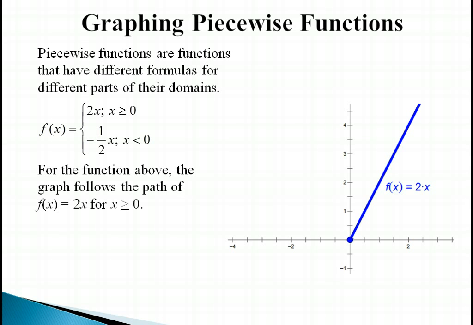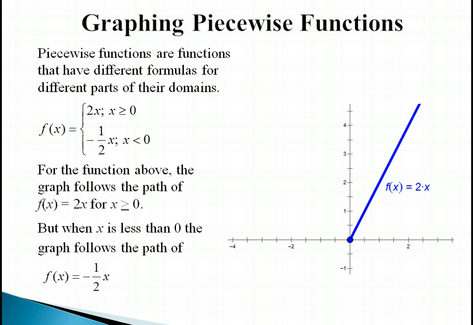Now, for the other side of the graph, we're going to have the function negative 1/2 x, which is linear also. It has a slope of negative 1/2 and a y-intercept at 0. Now, even though the ordered pair 0, 0 is not included, because of the domain restriction being strictly less than 0, we're still going to put a circle at 0, 0.